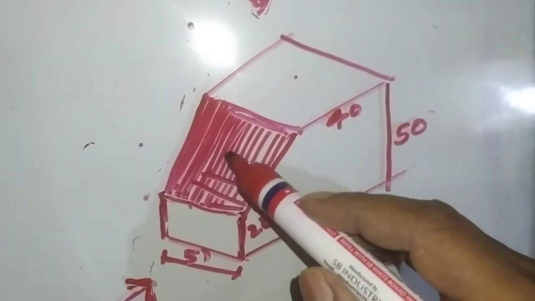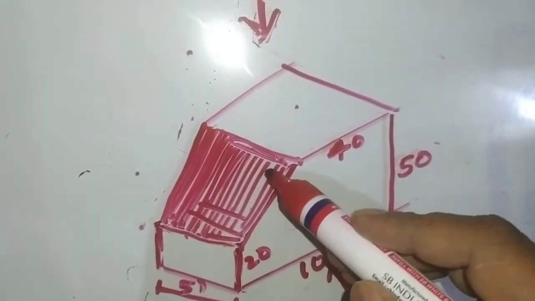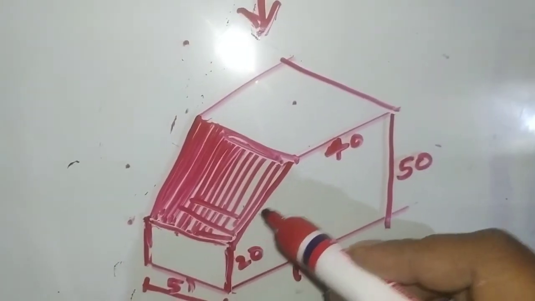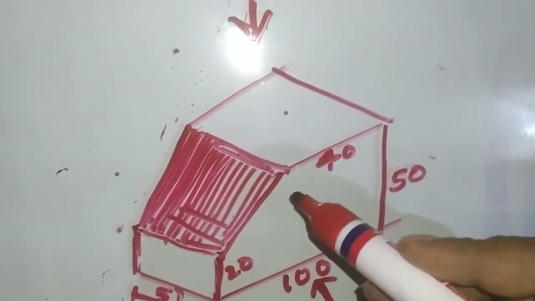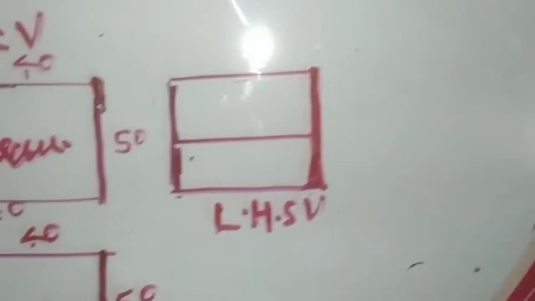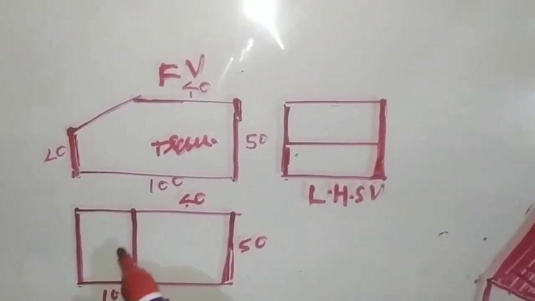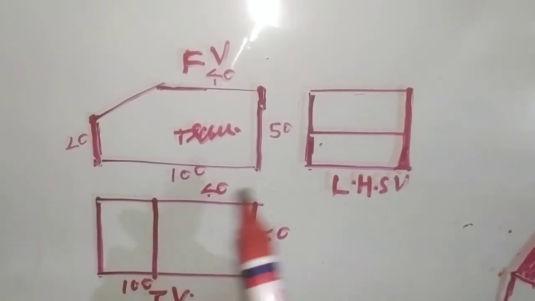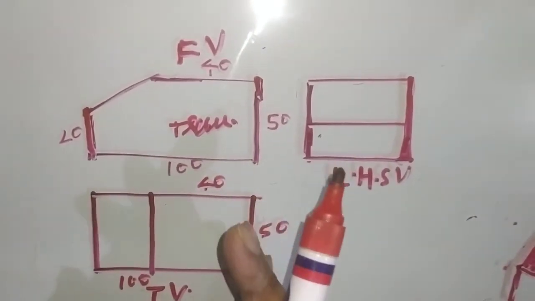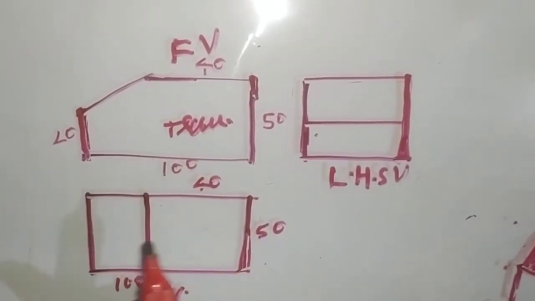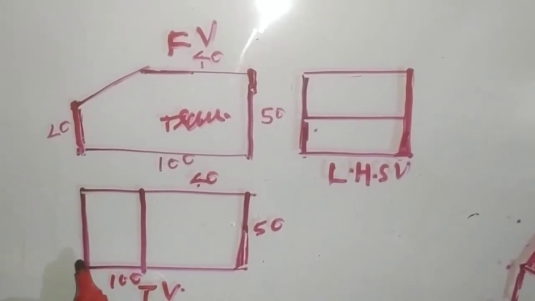Here, this which I have colored is the irregular surface, which is inclined with respect to HP. So in the top view, this portion is not a true shape, it is an apparent section. We will observe it is somewhat decreased in size. Only this length is a true length.